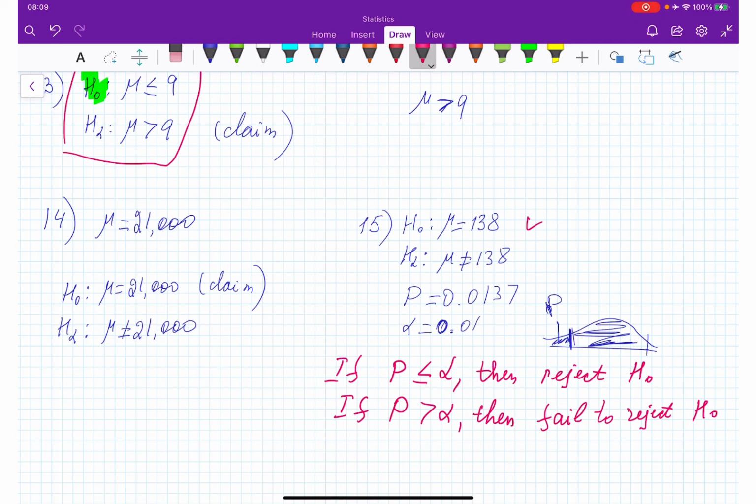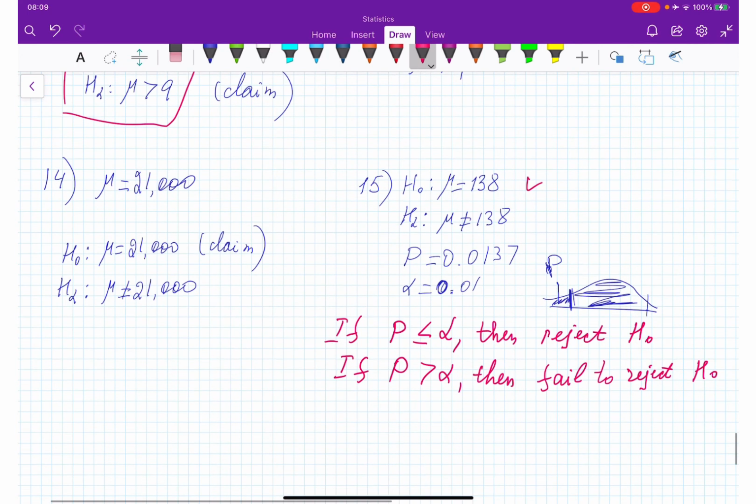So in this case, do you reject or fail to reject the null hypothesis at the 0.01 level? We fail to reject the null hypothesis, because my p-value is greater than alpha: 0.0137 is greater than 0.01.